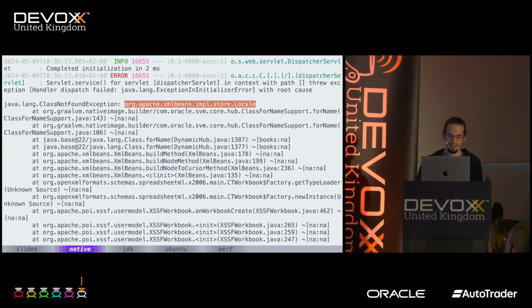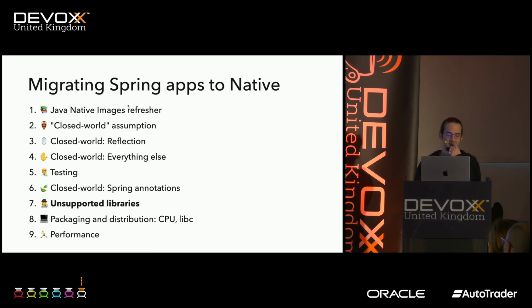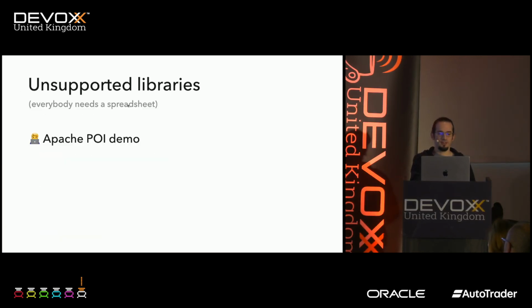So instead, what the fine folks at Oracle give us is an agent that you use to analyze your code in Java at runtime and generate the metadata. Remember, we've seen the reflect config and the resource config, and it's going to generate these files for you based on the code that you actually use and how reflection is used.